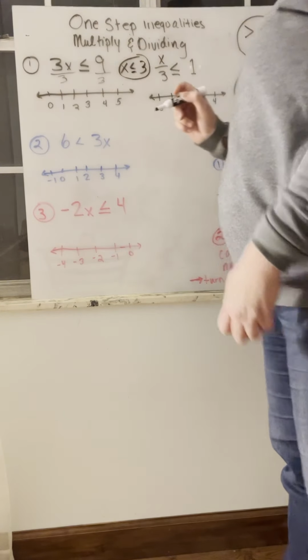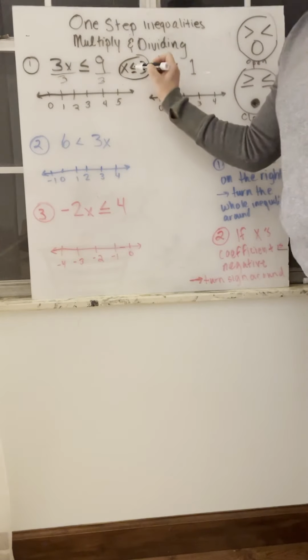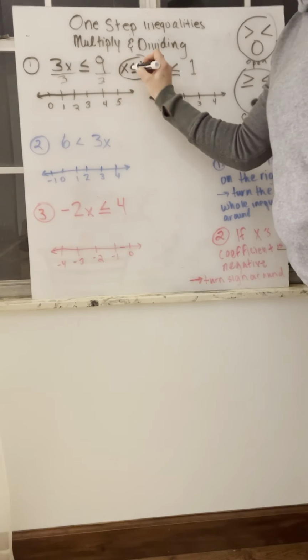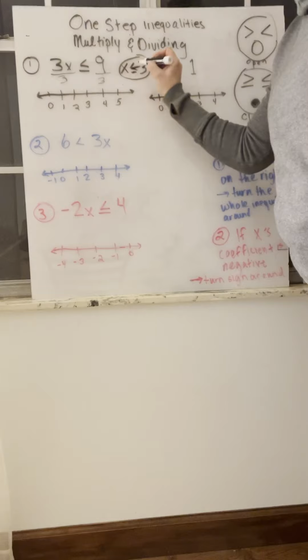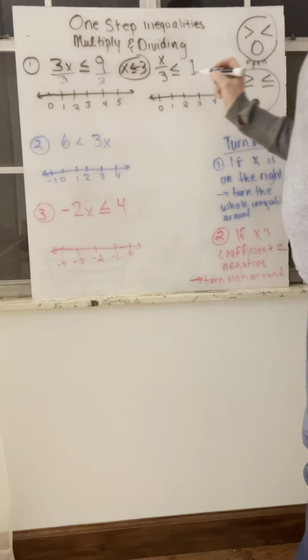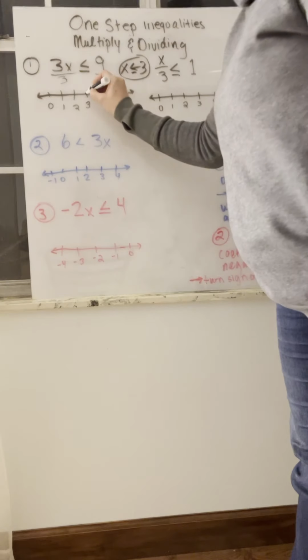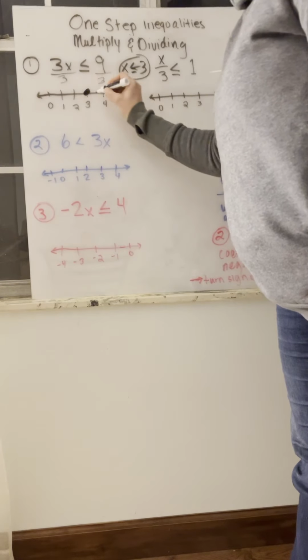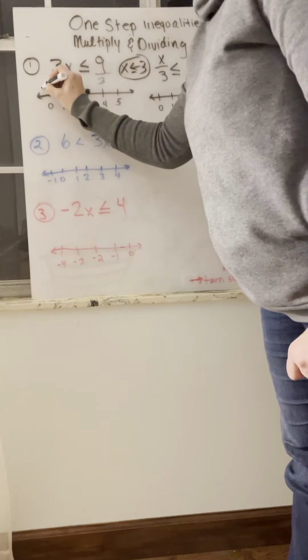To graph that, remember, you make this into a little arrow. The arrow is pointing to the left. So we're going to do a closed circle at 3 because it's less than or equal to, and the arrow points to the left.